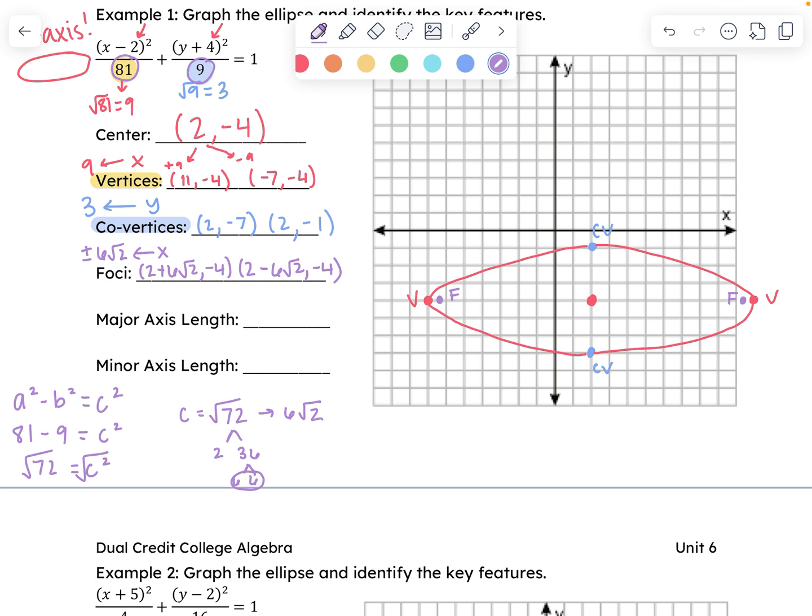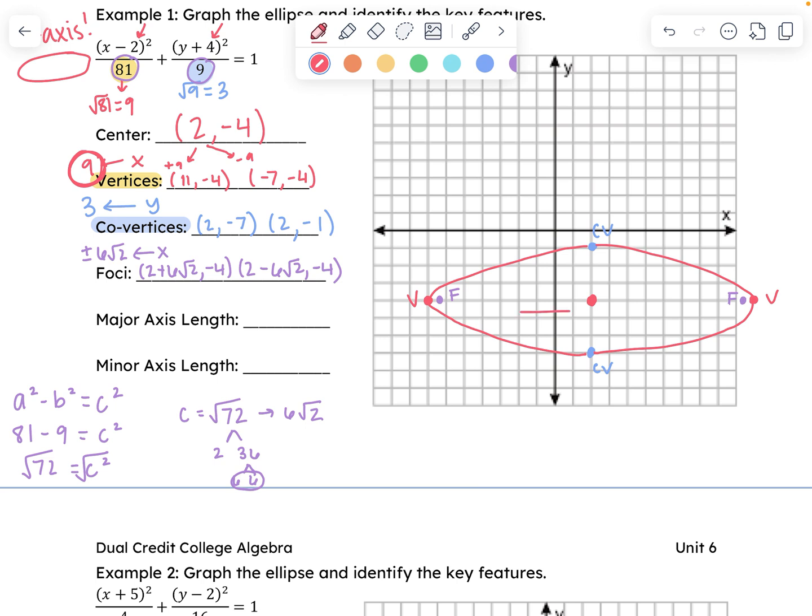The last thing it's asking for is the major axis length and the minor axis length. So the major axis is the bigger one, the longer one, and it's asking for the whole length of that. You can just count, or we can cheat code it a little bit and know that our vertices are on our major axis, and we added 9 and subtracted 9 from our center.